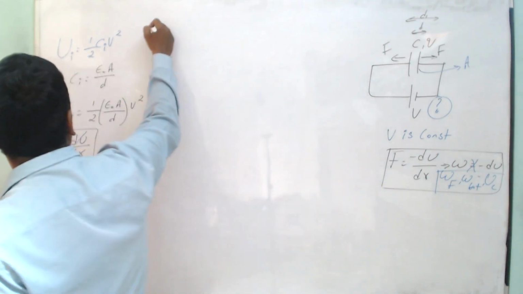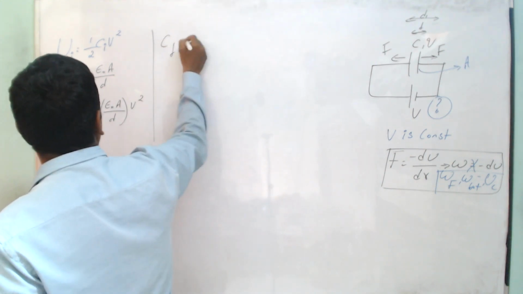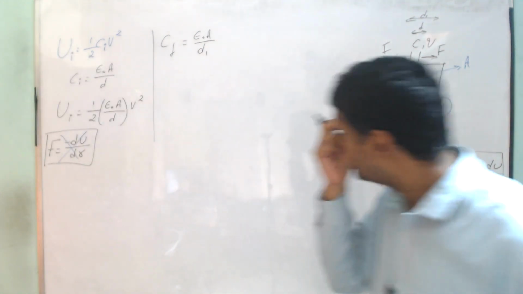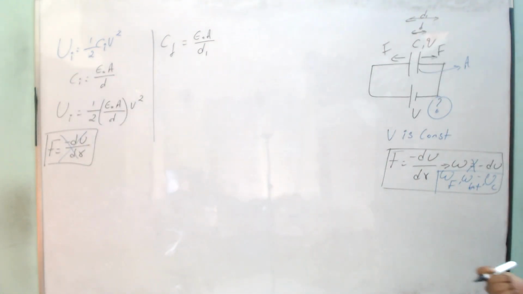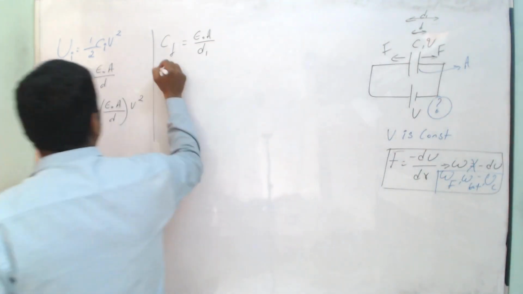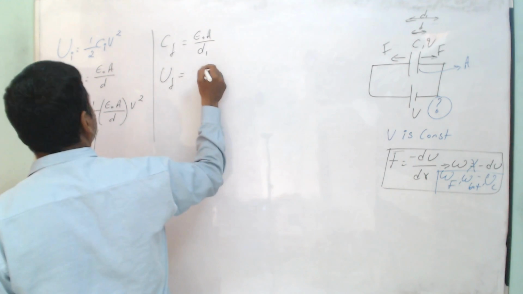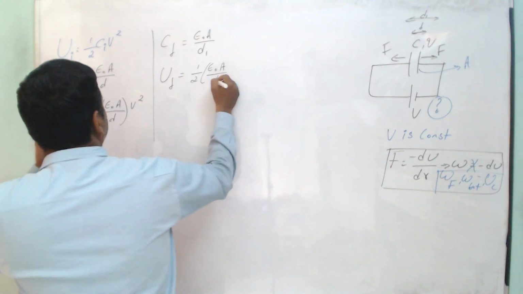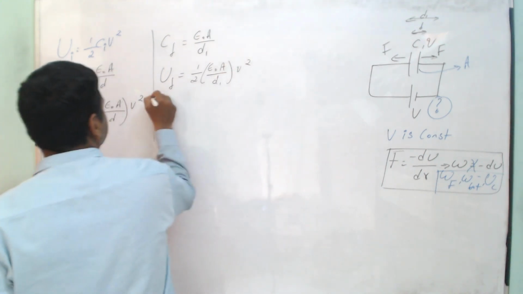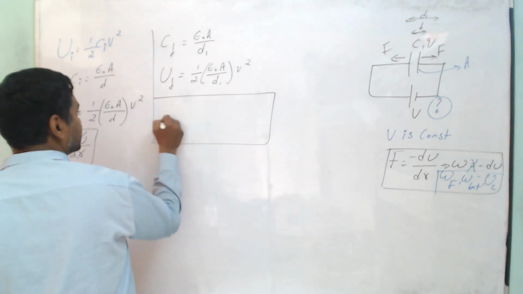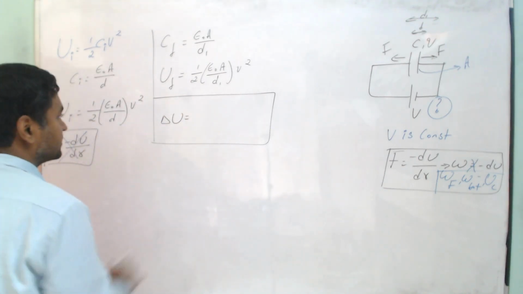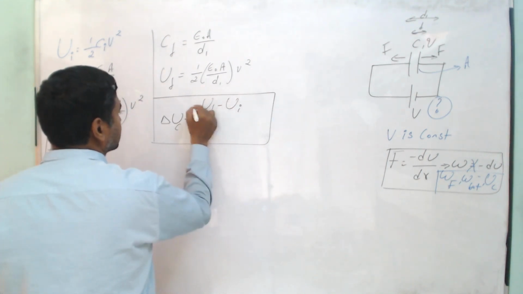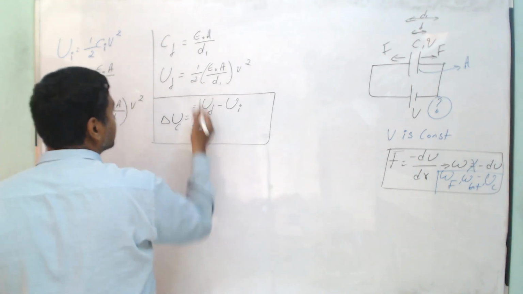Next. My final capacitance is epsilon naught A by D1, into V square. So the final potential energy is half epsilon naught A by D1 into V square. The change in potential energy of my capacitor is final minus initial.